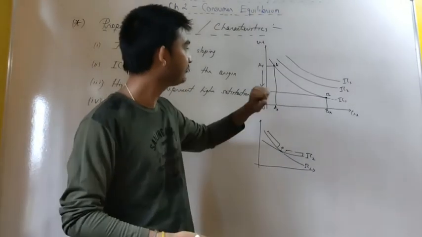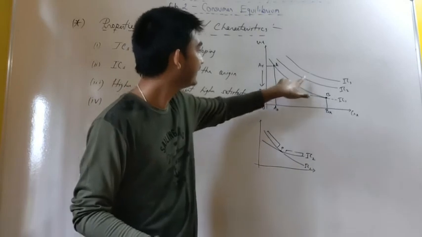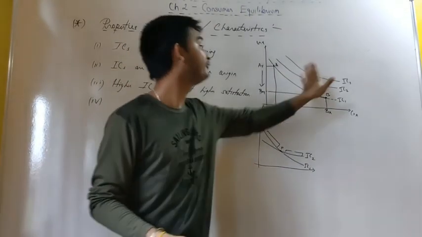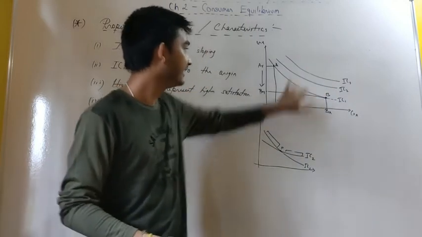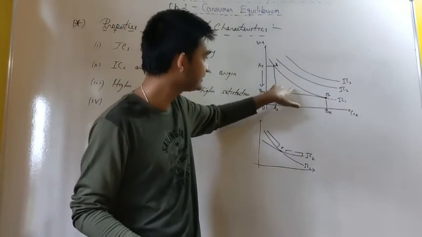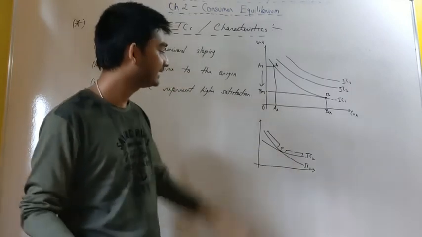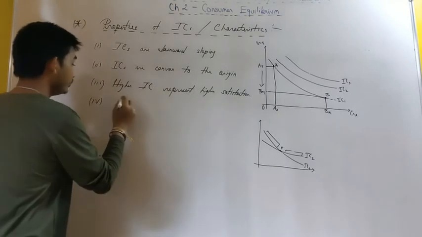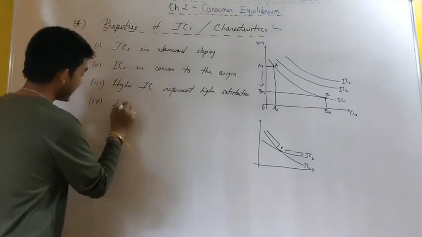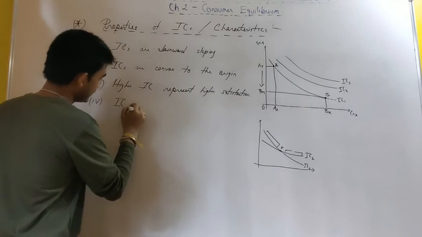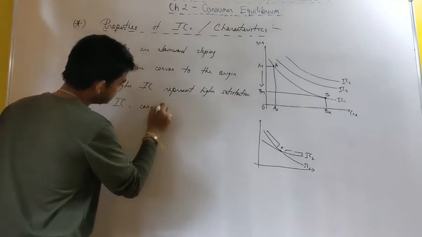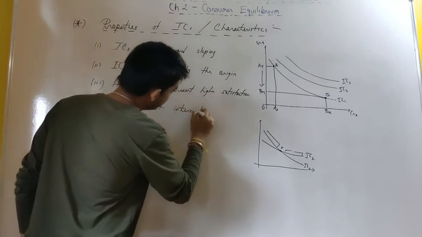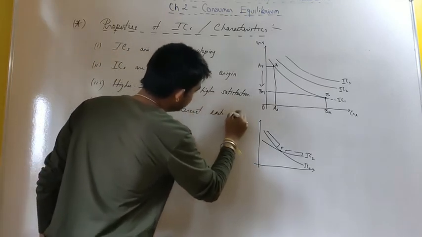In this indifference map, indifference curve 3 is the superior one because it is lying further away from the origin, and it is dominating IC1 and IC2. But here we cannot say anything like that. So we can conclude that ICs cannot intersect each other.